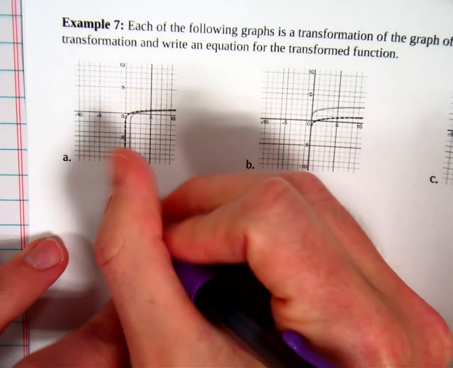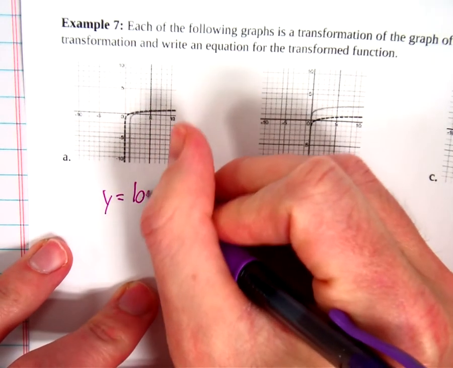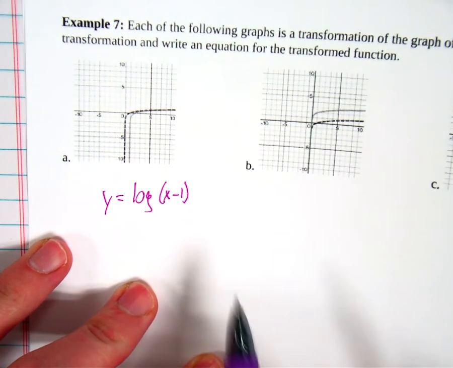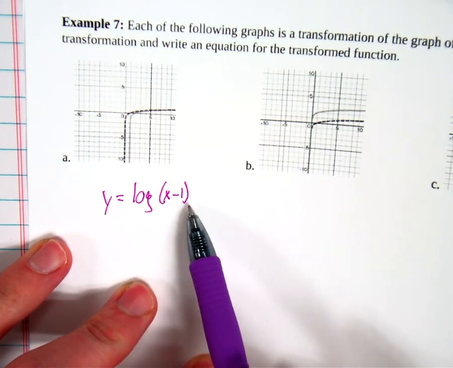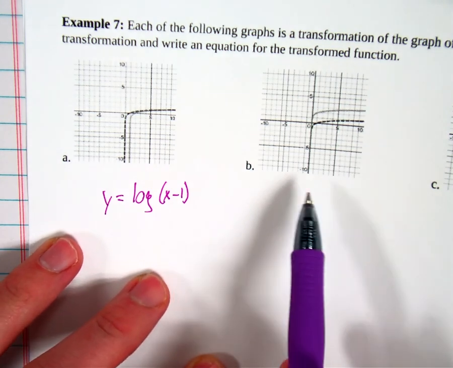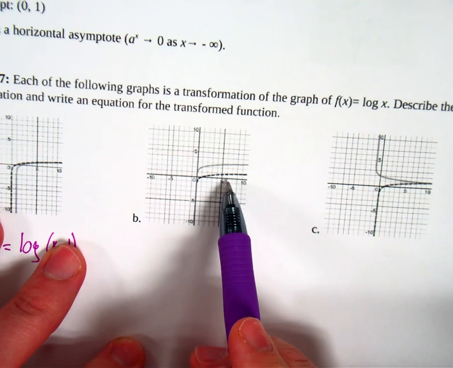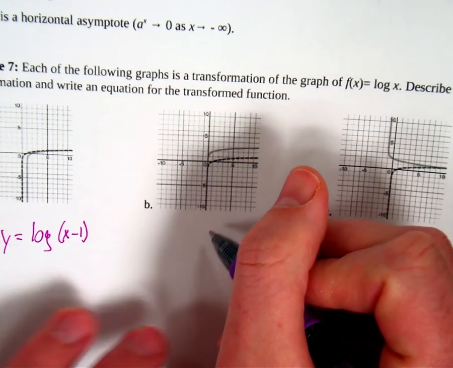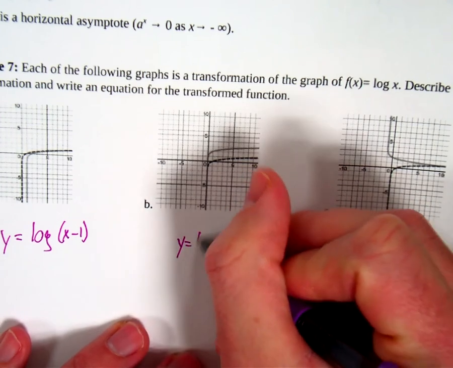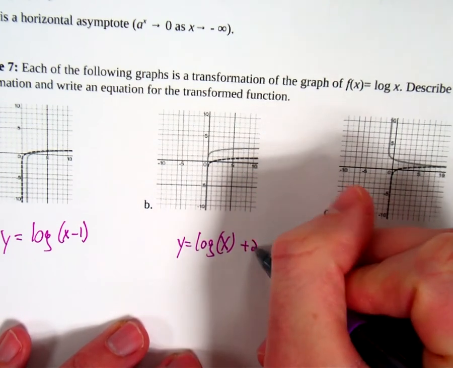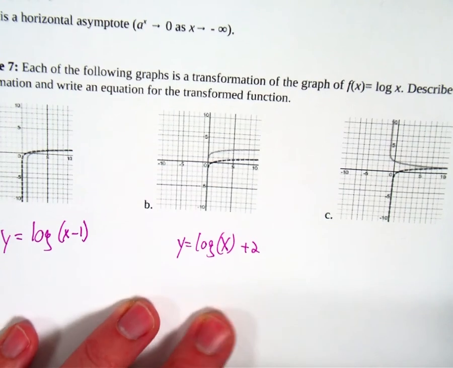Okay, so we're going to have y equals log of x minus 1. Okay, the shifting in parentheses with the x is going to move it left and right. Okay, this one appears to have moved it 1, 2 up, 2 units up. So y equals log x, and then a plus 2 on the outside is going to move things 2 up.